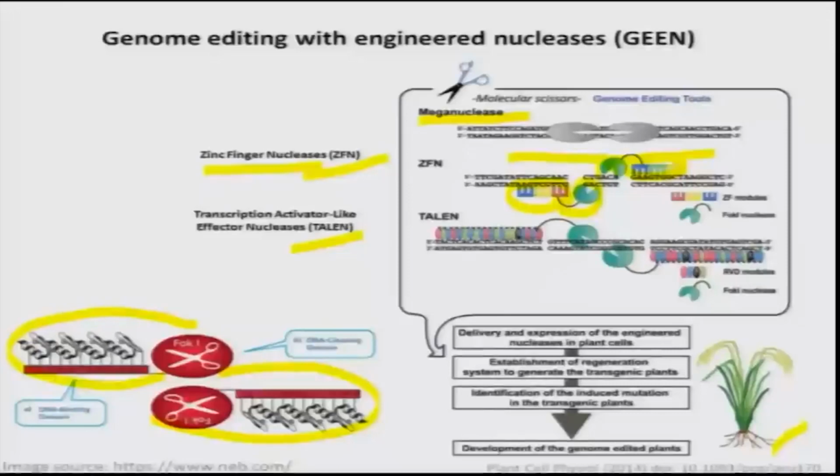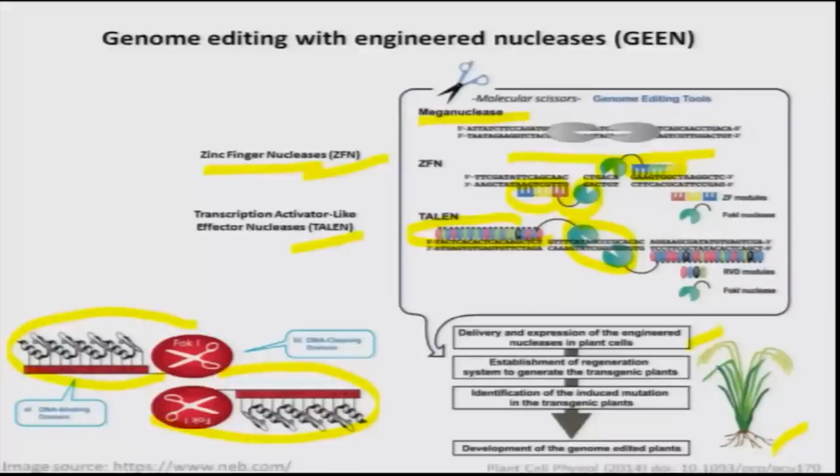So, again the concept is very similar. You have the DNA binding domain fused to the nuclease domain, and you can engineer it such that whichever sequence you want, more or less you will be able to cleave there. So, basically you make this protein and then deliver it.